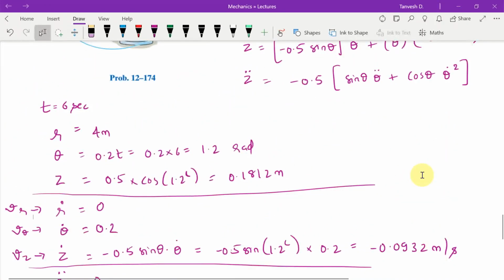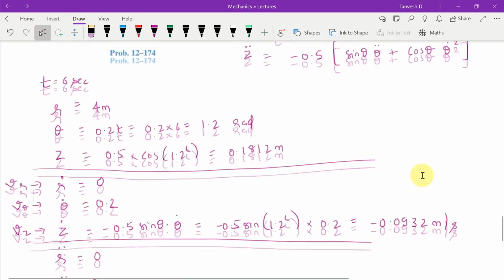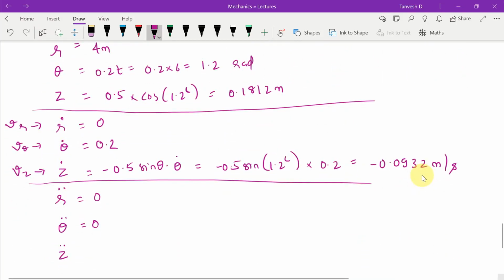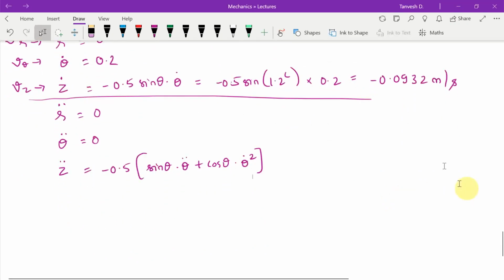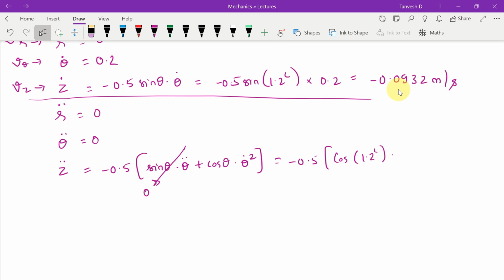And Z double dot is minus 0.5 sine theta double dot plus cos theta dot the whole square. So this will directly become 0, and it is minus 0.5 cos of 1.2 radians into theta dot square, which is 0.2 square.